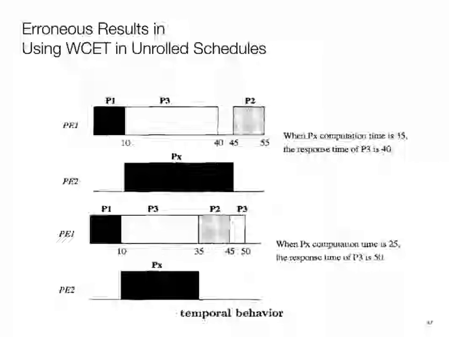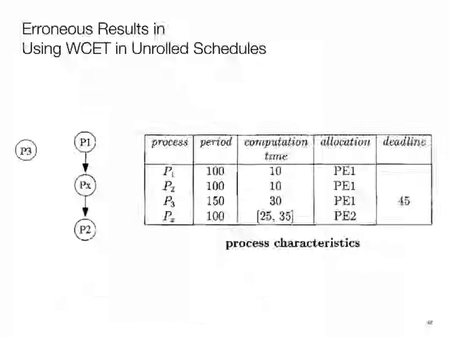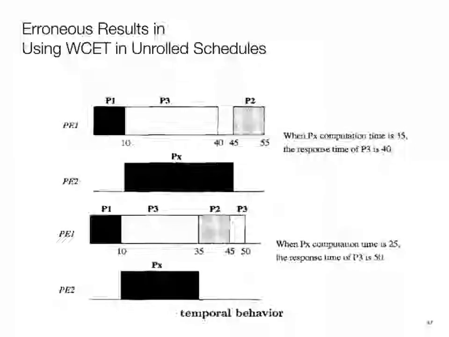So what might happen is the following. P1 comes, gets the CPU because it's higher priority, finishes at time 10, and sends a message over the network. Px starts and takes 35 time. Meanwhile P3 starts running and has a computation time of 30, so it finishes at time 40.